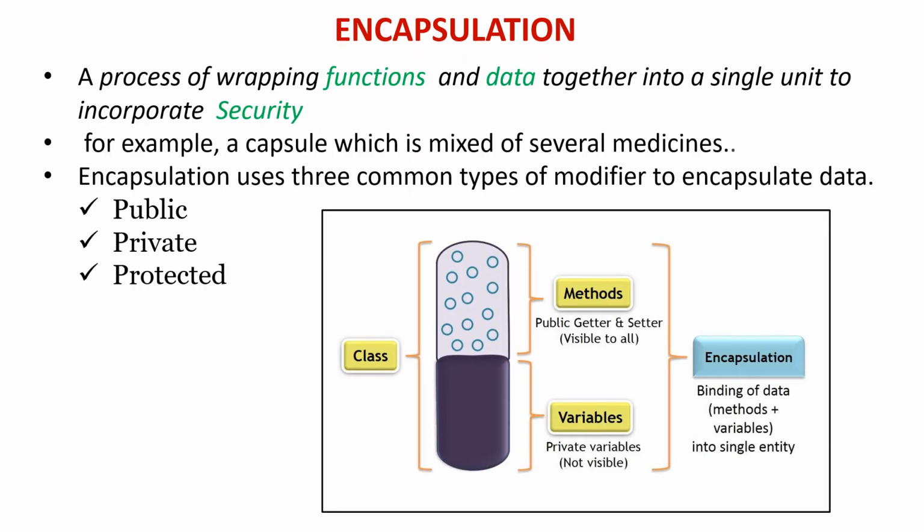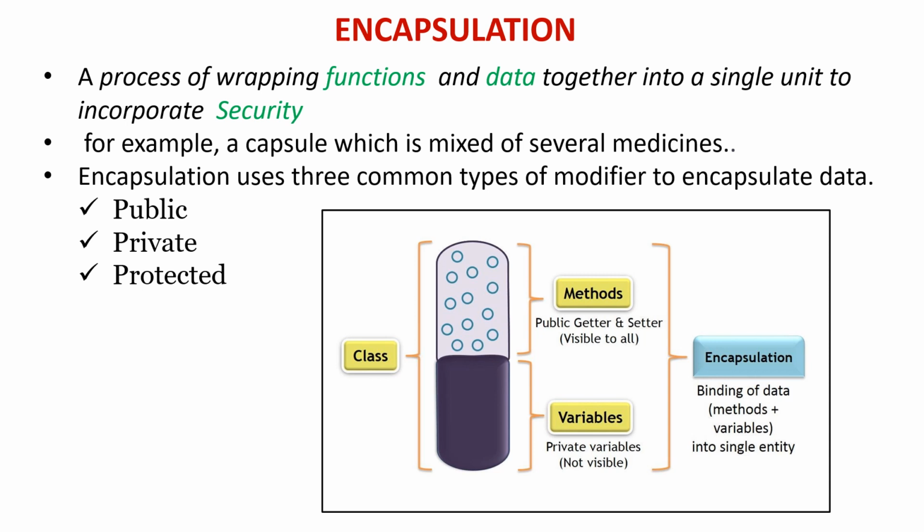Encapsulation. Encapsulation is a process of wrapping functions and data together into a single unit called a class. The encapsulation concept is incorporated in object-oriented programming for the purpose of security. For example, a capsule is a mixture of several medicines, right?